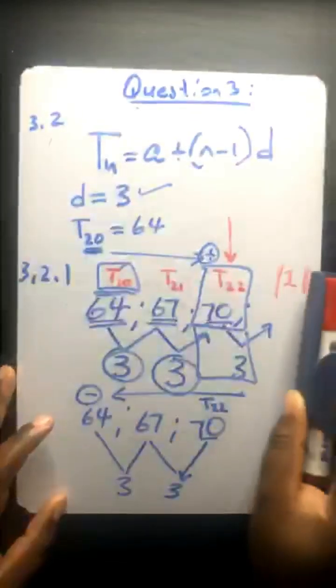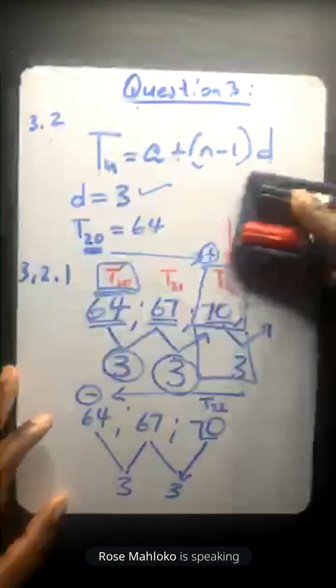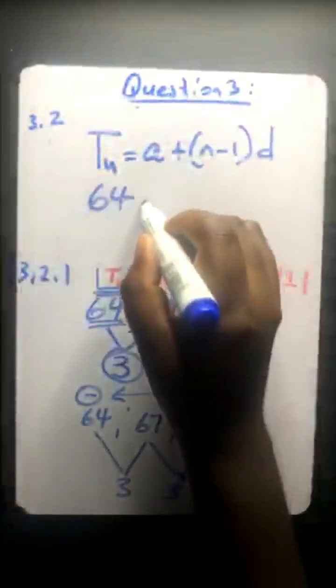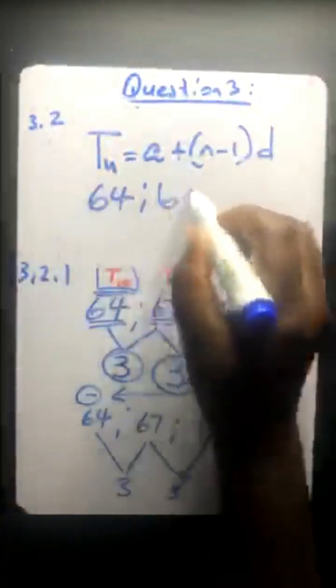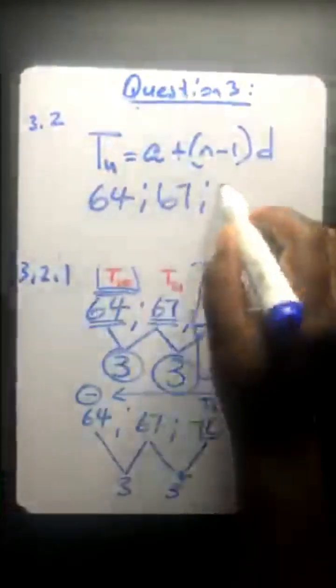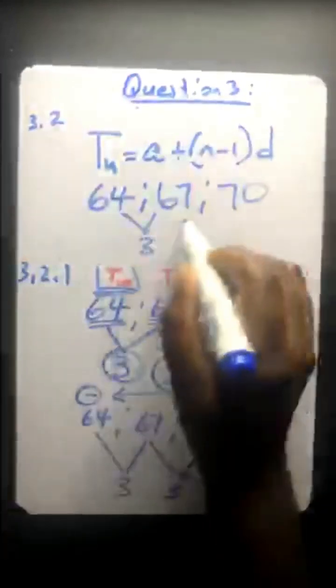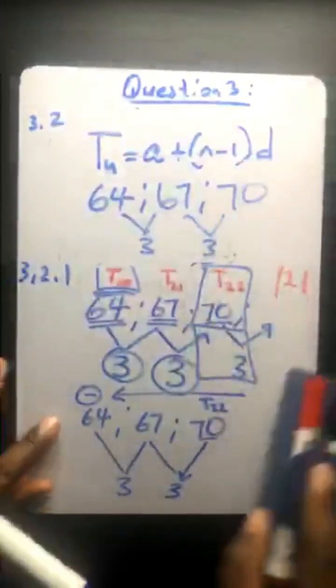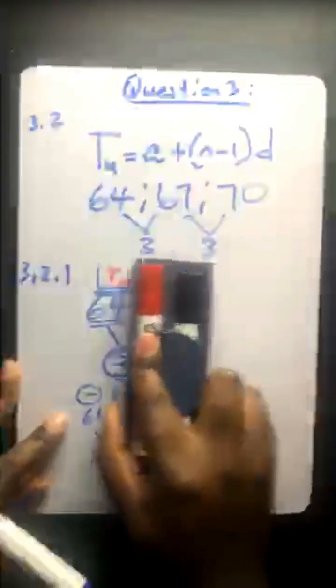Is there anyone who'd like to give it a try? Someone is speaking. Who is that? It's Rose. Rose is breaking. I'm not sure if she wants to give it a try or she's responding to my question where I was asking if she understands. Guys, is there anyone who would like to give it a try?